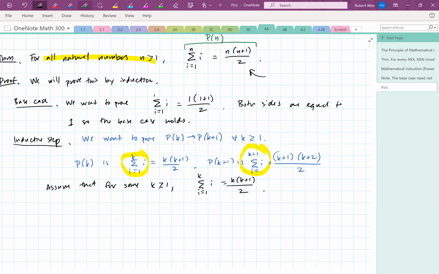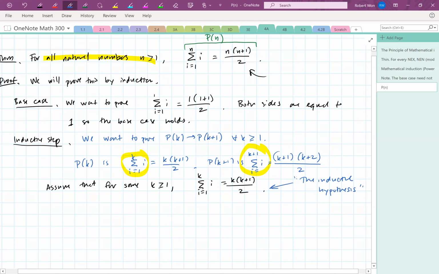This assumption is called the inductive hypothesis. It has a name. It's in the inductive step. You have to prove a conditional. Which means that you get to assume the hypothesis and try to prove the conclusion. So when you assume that P of k is true, that's called the induction hypothesis. So it gives you something to work with in the inductive step.